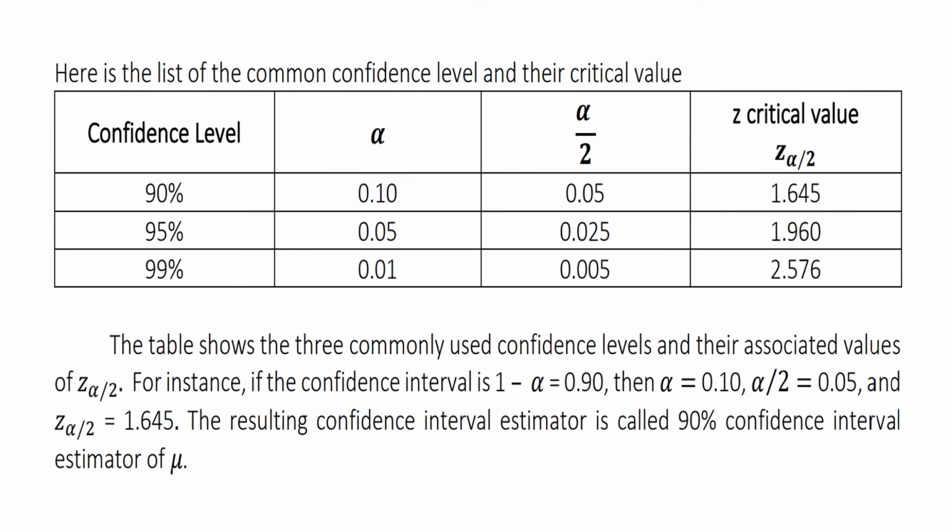Here is the list of the common confidence intervals and their critical values. A while ago, I said that the most commonly used values for your confidence level or confidence interval are 90, 95, and 99. Since your confidence level plus your alpha is equal to 1, if we convert 90% to decimal, that will be 0.90 plus 0.10, equal to 1.